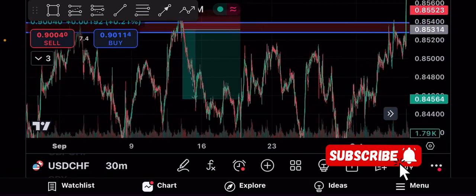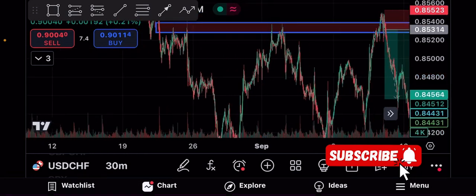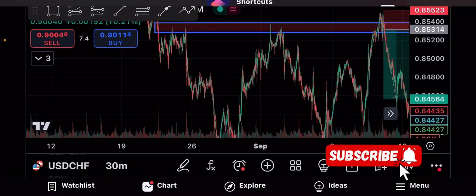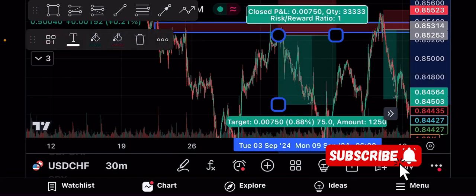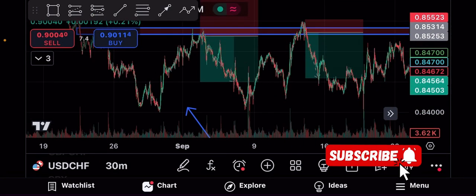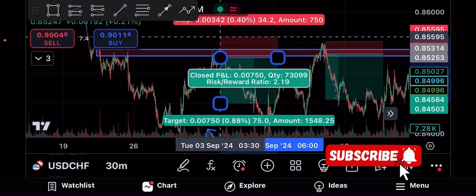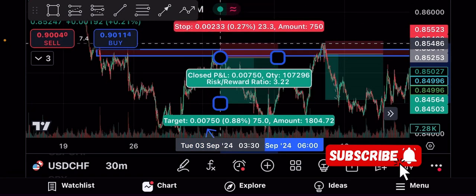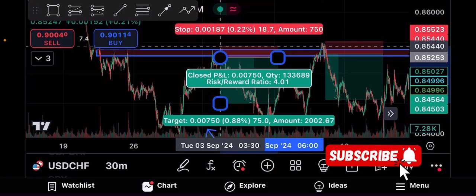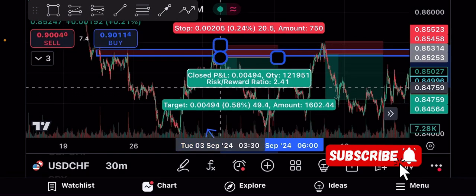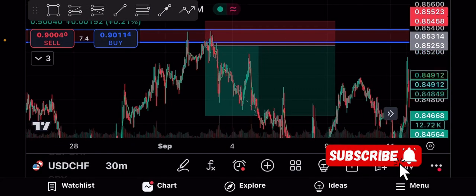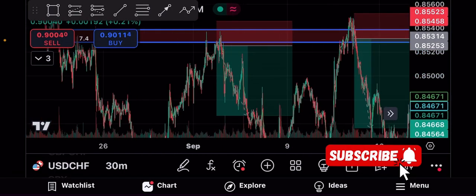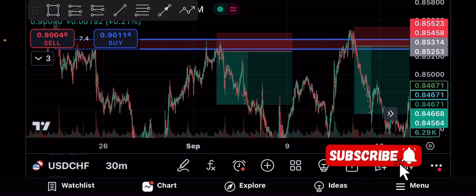And also when you check here based on the resistance level, took another entry here, boom, another win trade based on support and resistance.